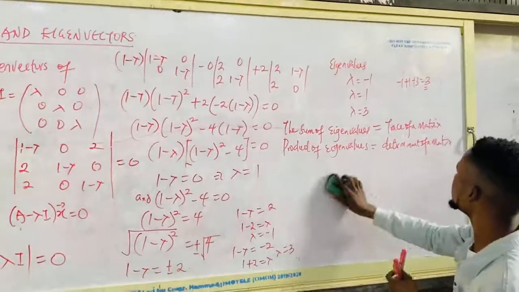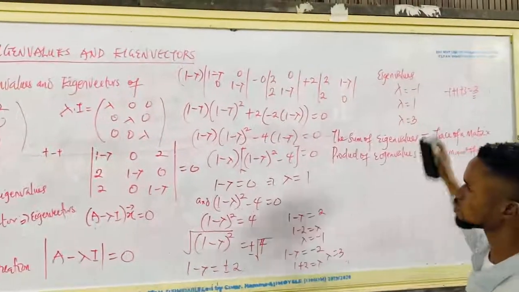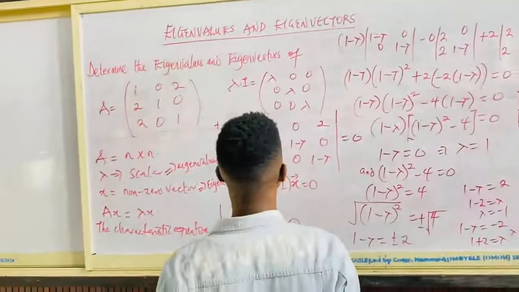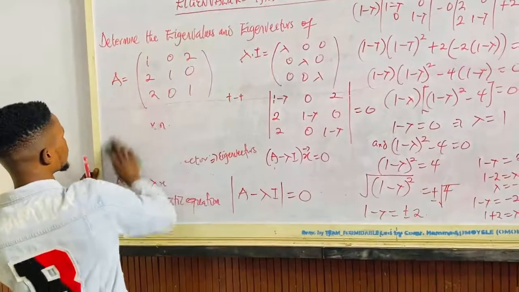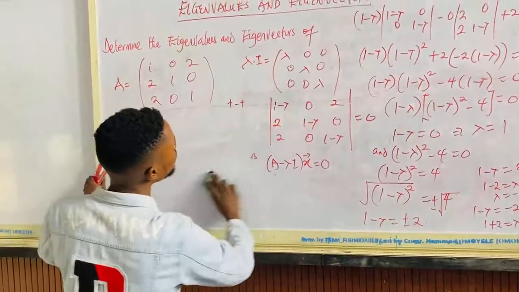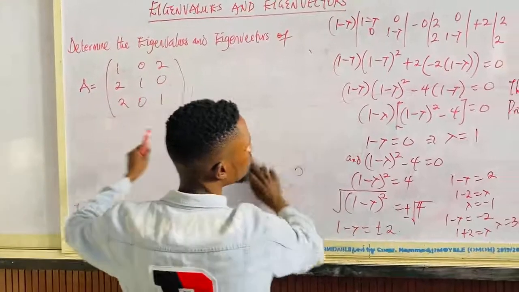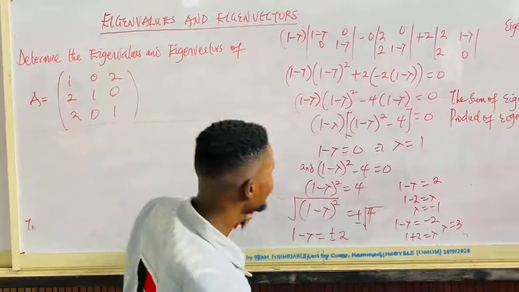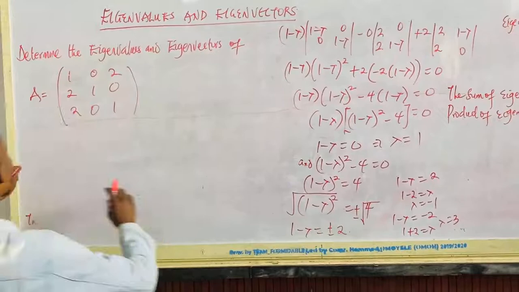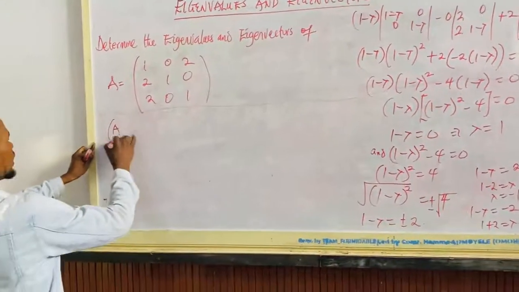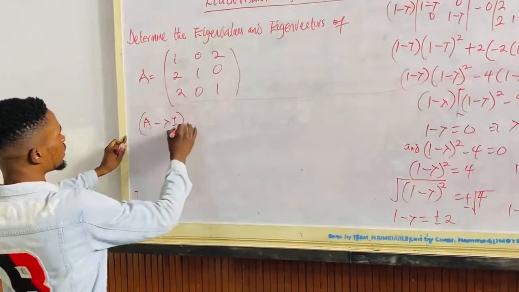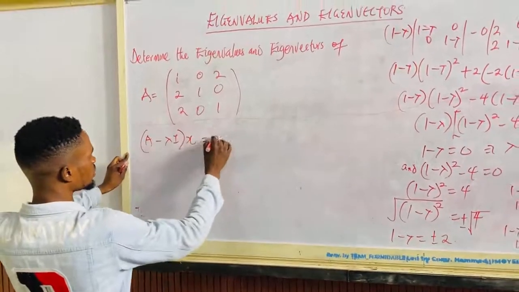Now how do we get the eigenvectors for the eigenvalues minus 1, 1, and 3? To get the eigenvectors, that will be A minus lambda I times x, that's the vector, equal to 0.